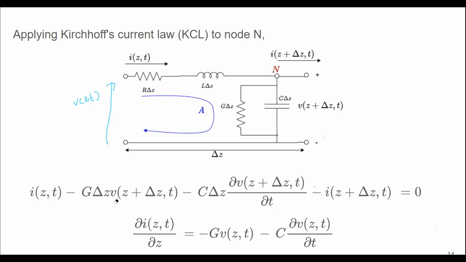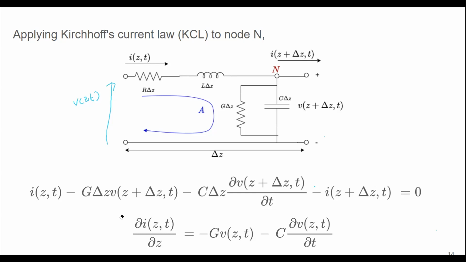Once we have found the current flowing out across the capacitor and the resistor, we can complete the equation we formed from Kirchhoff's current law. Then we take the terms with the G and C parameters to one side, and leave only the currents I(z,t) and I(z+Δz,t) on the other side.